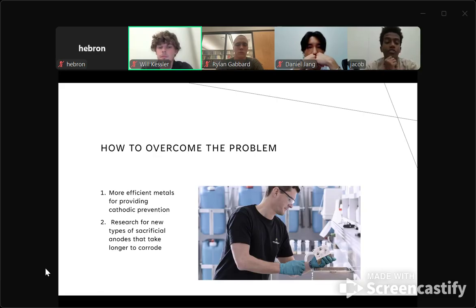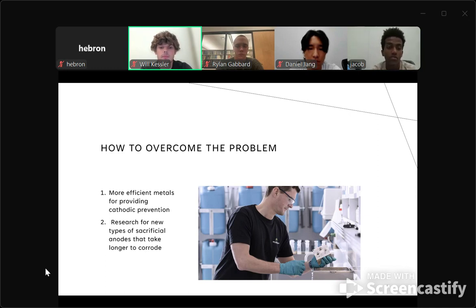Okay, sacrificial anodes are a large part of preventing corrosion, and extensive research is being done on increasing the capabilities of the anodes to decrease maintenance costs and increase ship lifespans. The three major anodes are zinc, magnesium, and aluminum. Zinc is usually used because it's low cost.